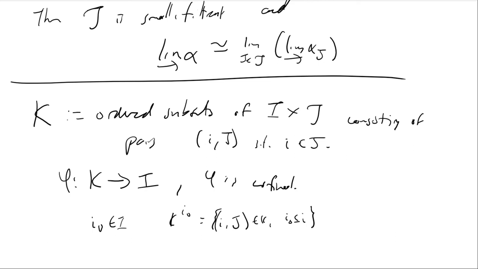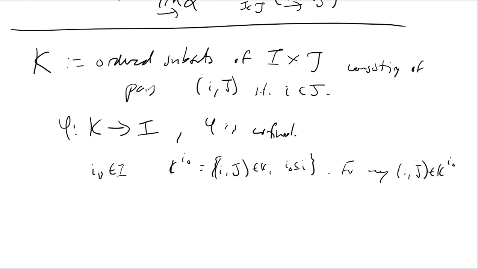But then for any such pair ij in k upper I0, what this means is, well, maybe even less than that, sort of trivially, I and j must be less than I and j union I0 by definition, just from what the order is.